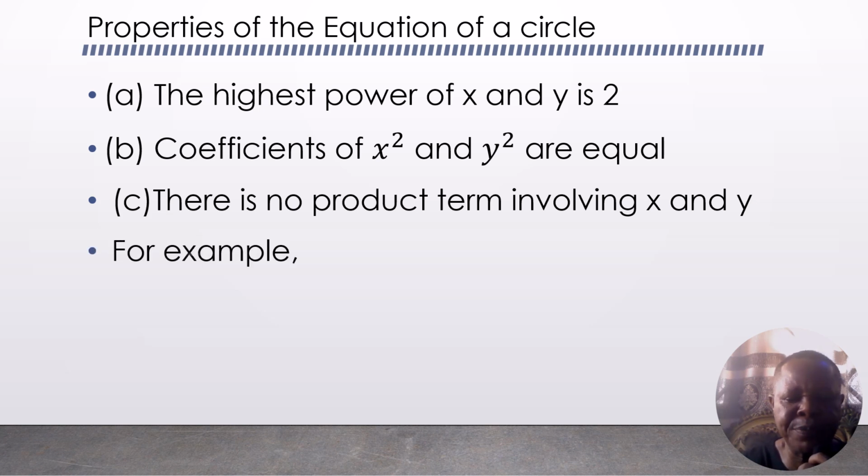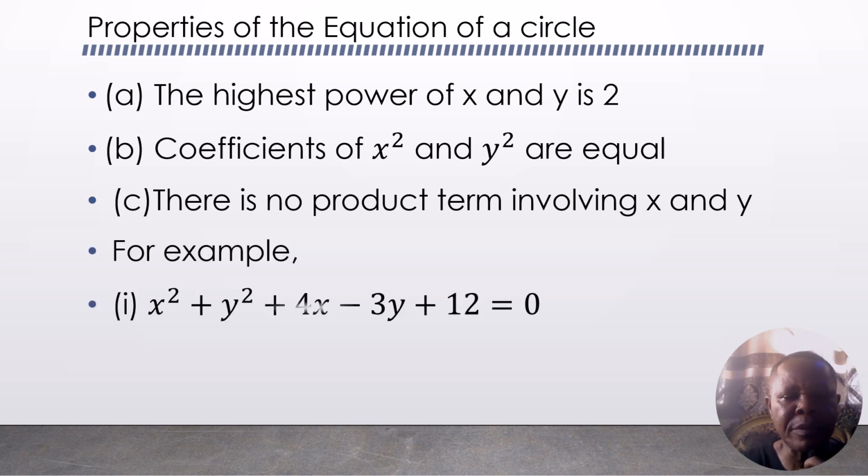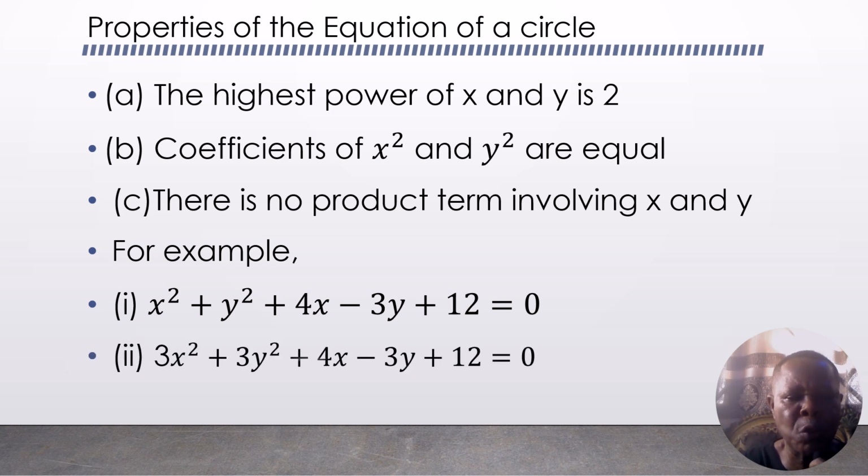For example, 1. x squared plus y squared plus 4x minus 3y plus 12 equal to 0 satisfies the 3 properties. Hence, it represents the equation of a circle. 2. 3x squared plus 3y squared plus 4x minus 3y plus 12 equal to 0 also satisfies the 3 properties.